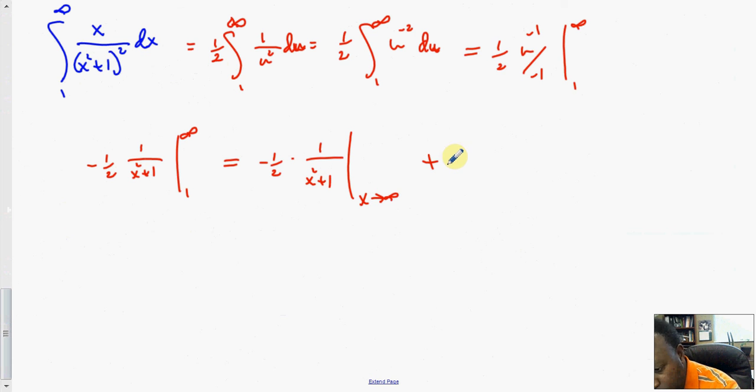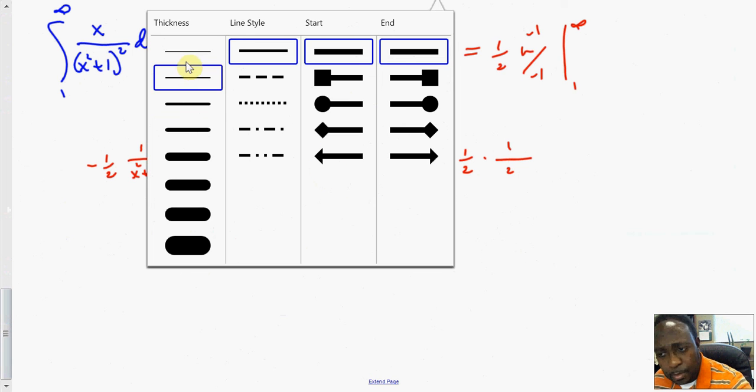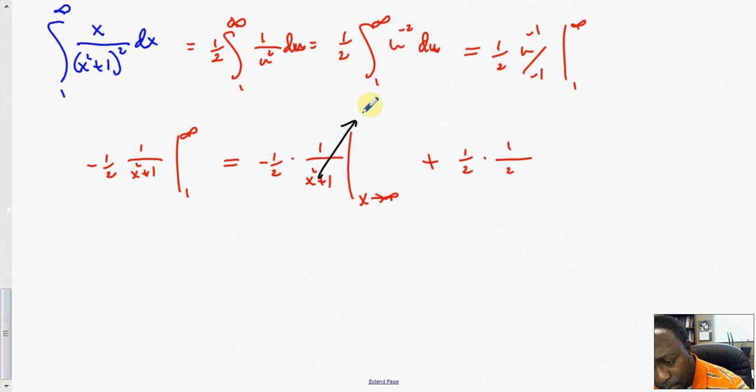And then this becomes plus 1/2 times 1 over, plugging x to be 1, we get 2. Now as x goes to infinity, 1 over x squared plus 1 goes to 0. And the limit is 1/4.